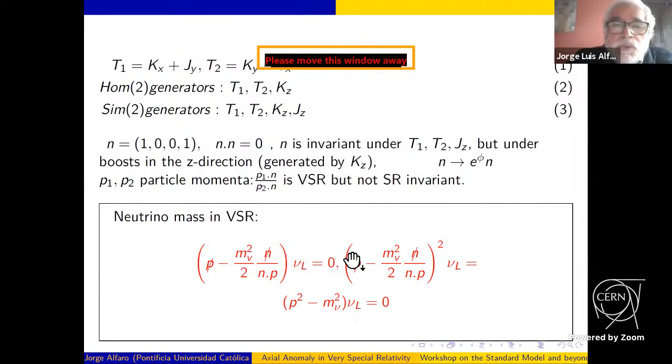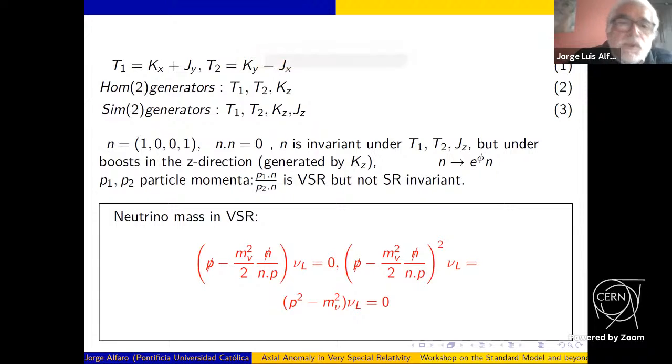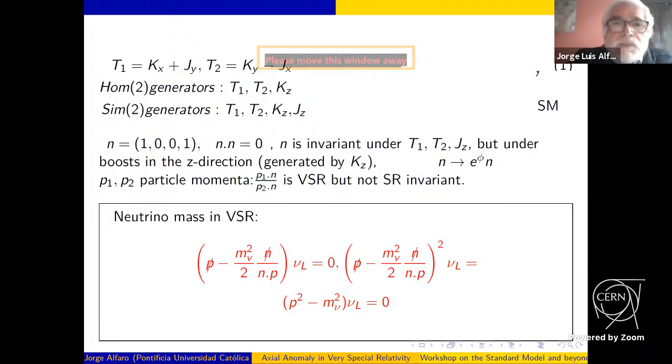And if you take the square of this, you get the Klein-Gordon equation corresponding to a massive neutrino. And you can see that you can preserve the chirality of the neutrino. So this opened the way to a new manner to introduce mass in the neutrino oscillations without introducing extra particles.